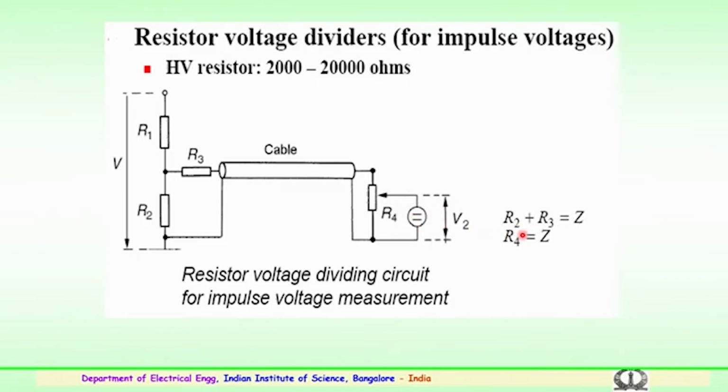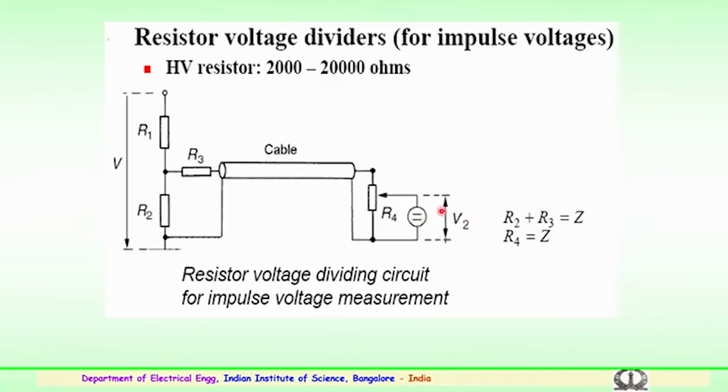Here again R2 and R3 should be equivalent to the impedance Z, and the value of R4 should be equivalent to the impedance. So, suitable terminations have to be used depending upon the cable which is being used for the measurement.